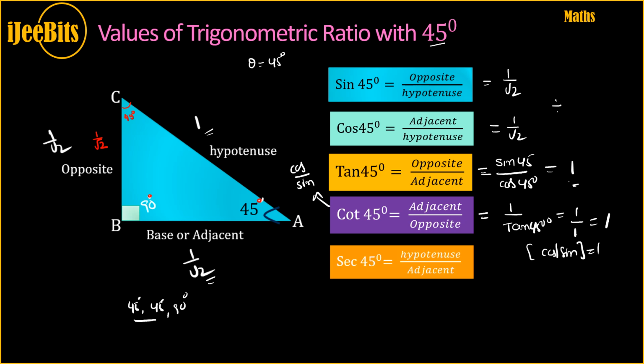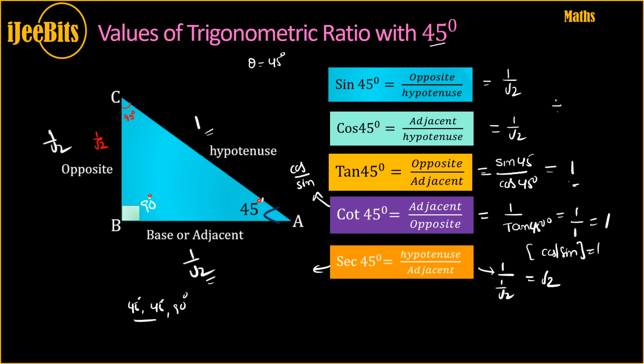Let's move on. Secant 45. Secant theta means hypotenuse by adjacent. The hypotenuse is 1, divided by adjacent, which is 1 by root 2. So 1 divided by 1 by root 2 is equal to root 2. So secant 45 is root 2.